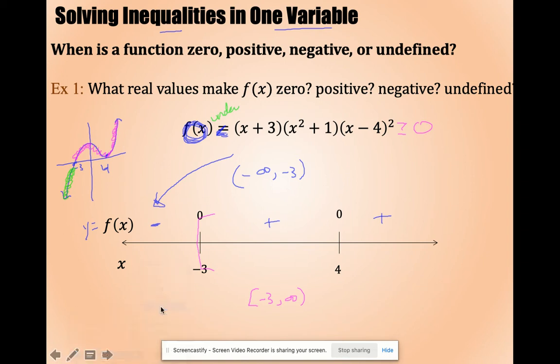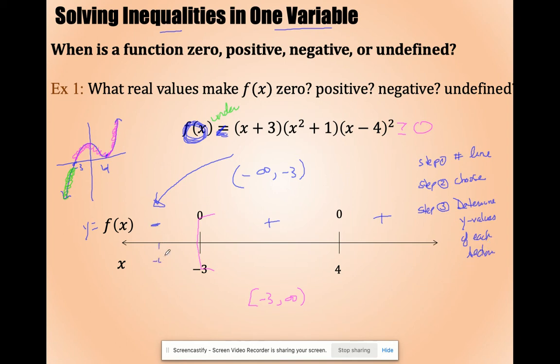So again, remember, since I erased it, step 1 was a number line. Step 2 was choose a value in each section. Step 3 was determine y values of each section. Right? So that's what we did here.